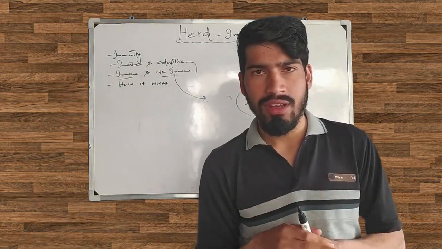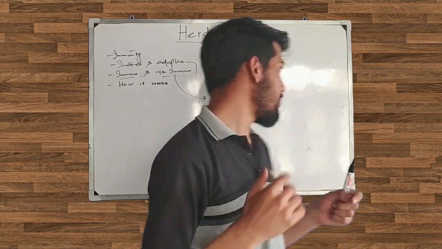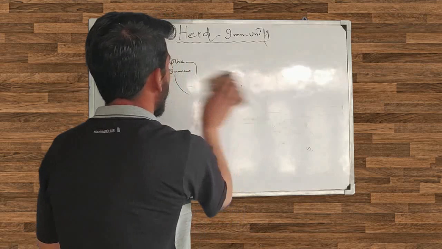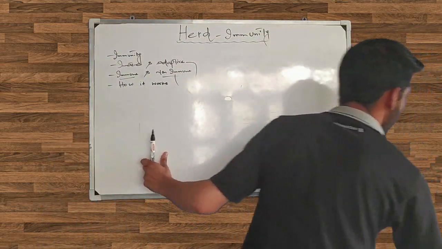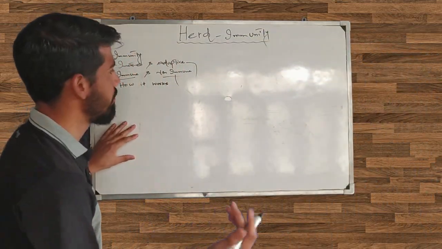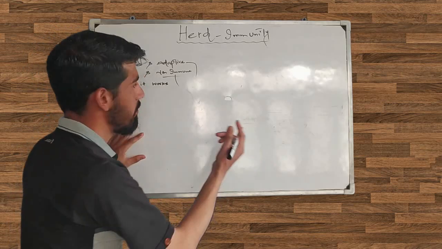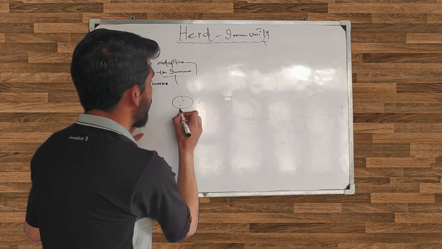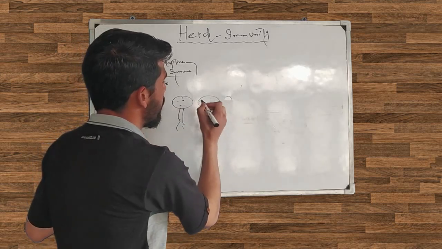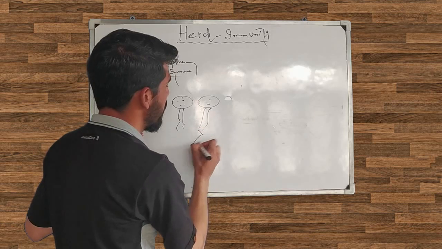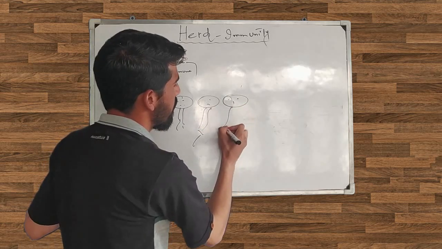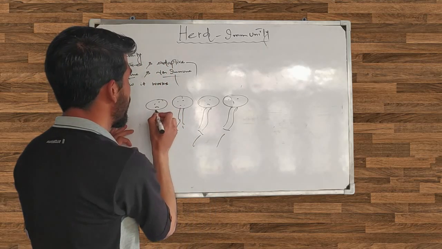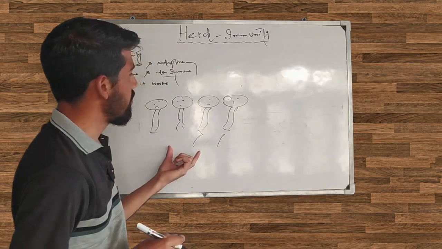For example, here I draw a picture for better understanding. Here are four persons.